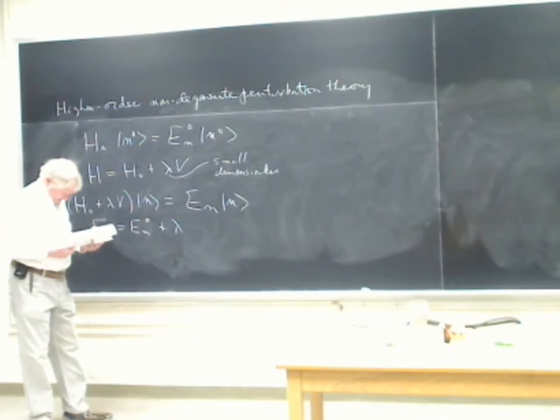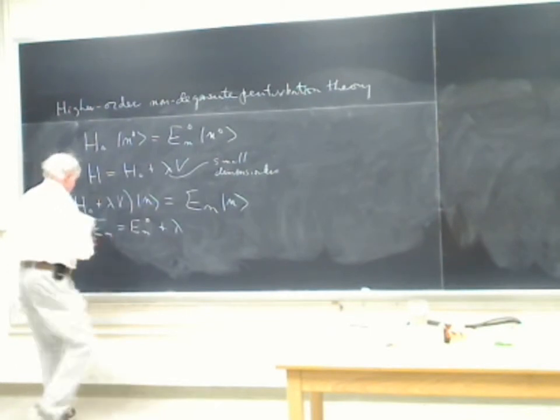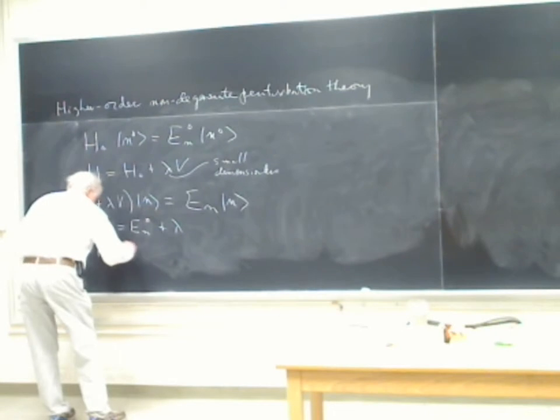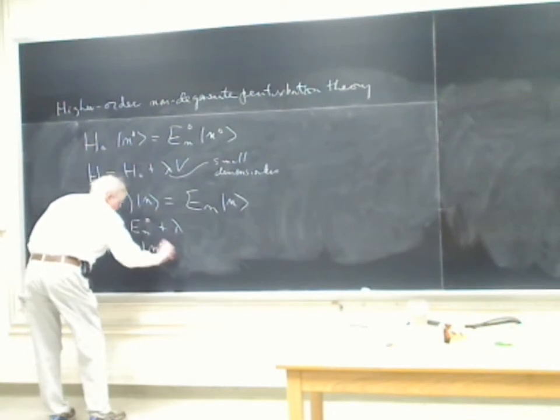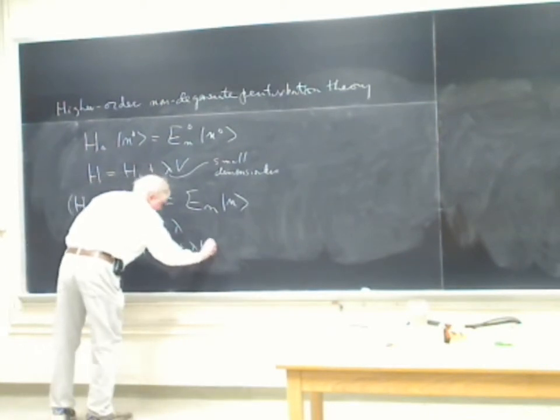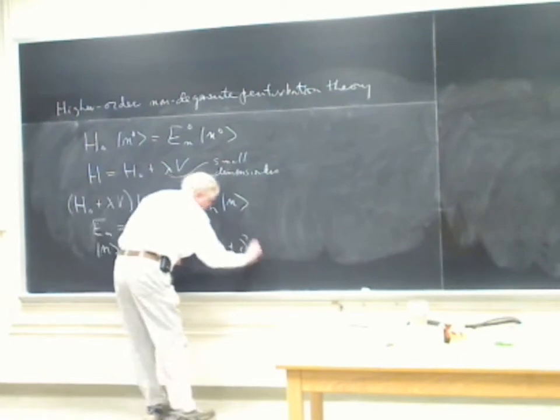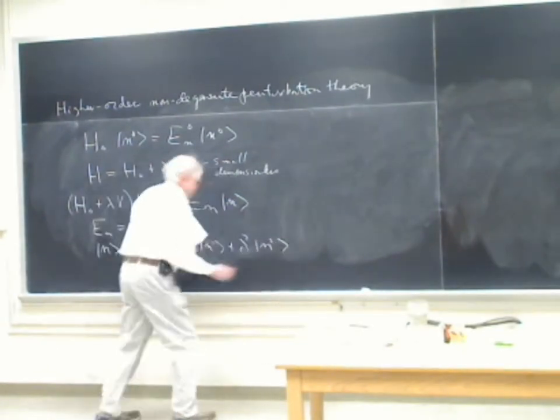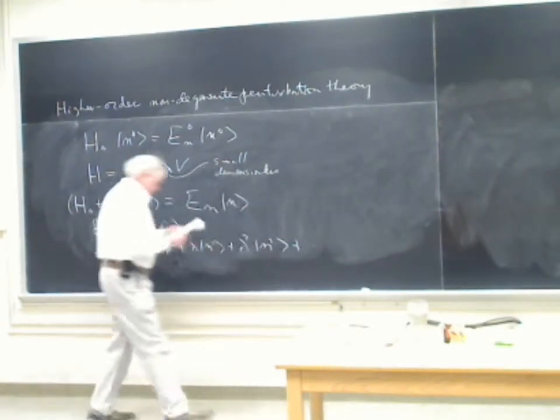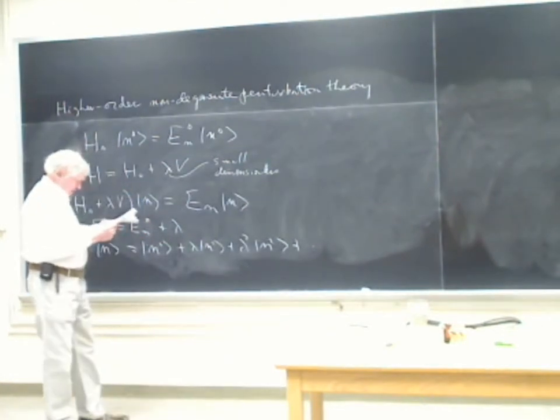I want to get the lambdas in the right place. It's a power series in lambda, so this is n0 plus lambda n1 plus lambda squared n2. So that's how the other ones go.